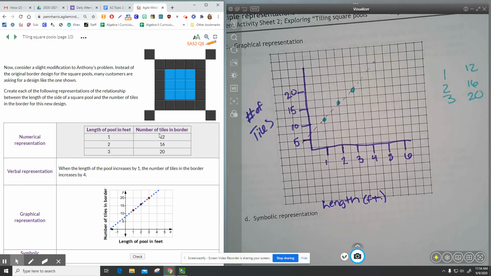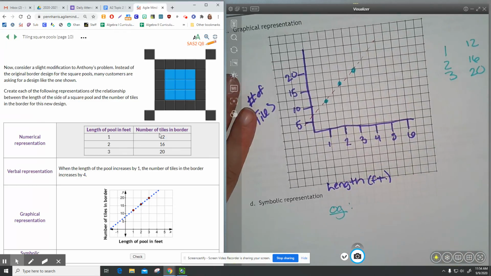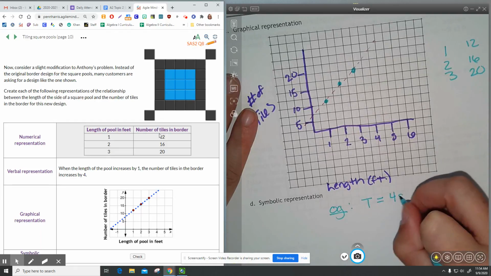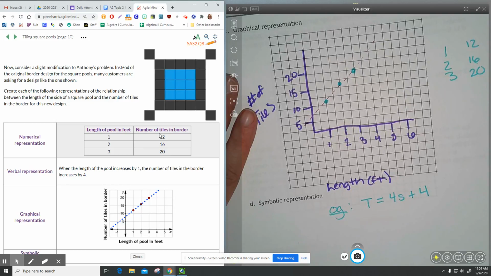Our original equation, the OG, guys, the original equation, we said the total tiles equaled 4 times the side plus our 4 corners. What was different about this one? We didn't just have 4 corners. We had an additional 4 corners.